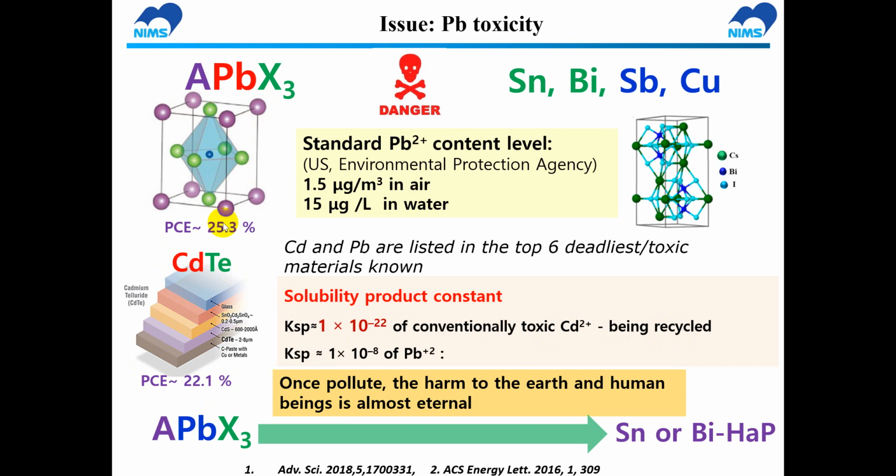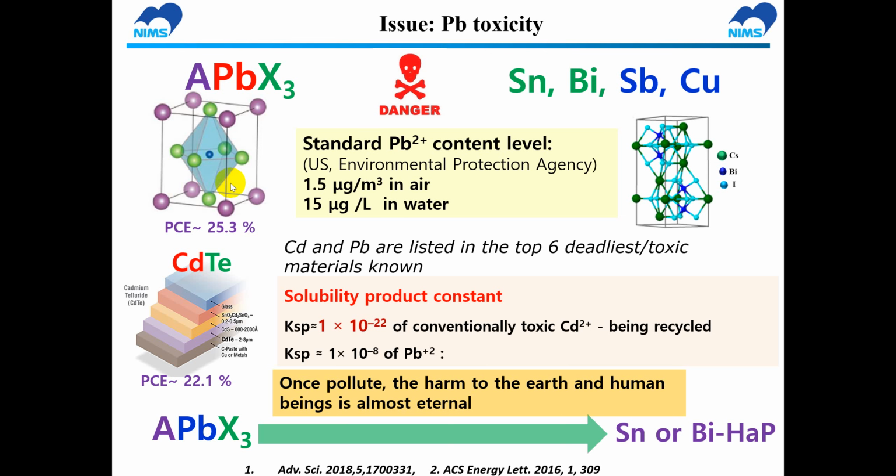And if we compare the properties of lead and cadmium elements, cadmium is less soluble than lead, and due to its higher solubility, lead is more dangerous than cadmium, so we have to worry about its application.